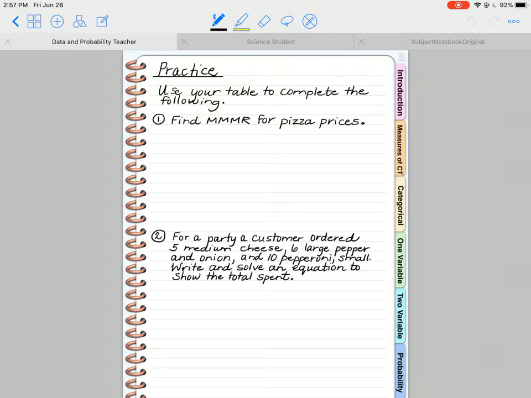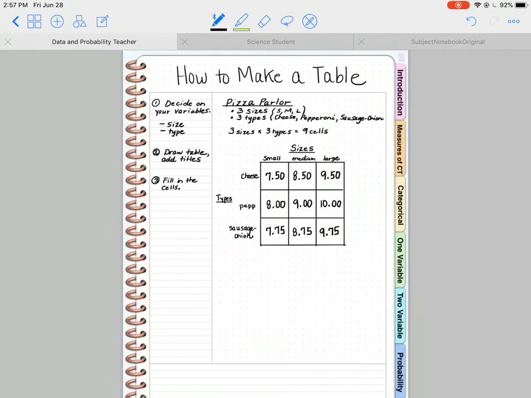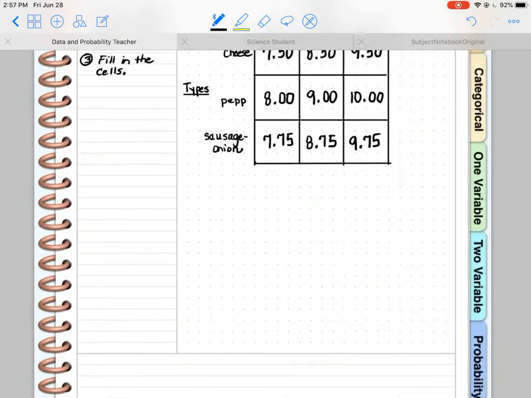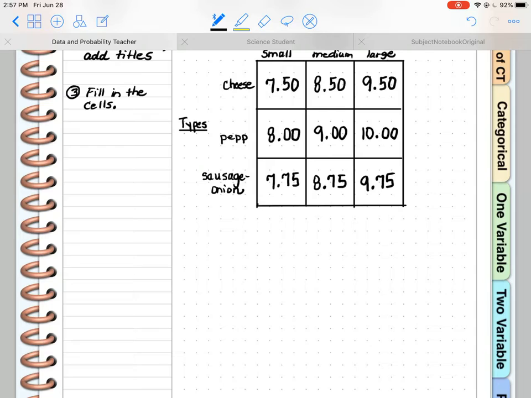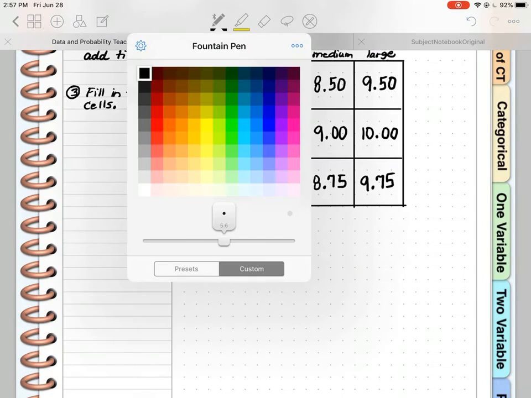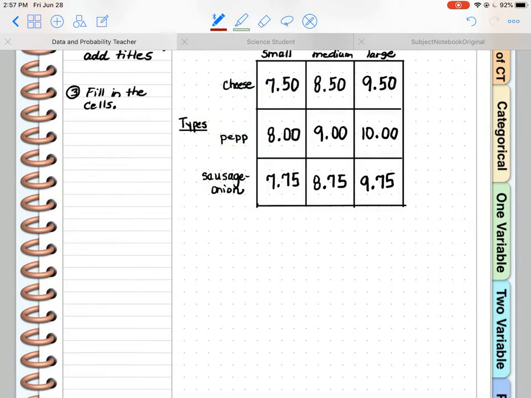And we'll come back to this, but I want to go back to this page to do it because this is where my numbers are. So let's zoom in a little bit and calculate our mean. Now this is going to be some work because we have a lot of data in this table. You have 9 cells worth of data.